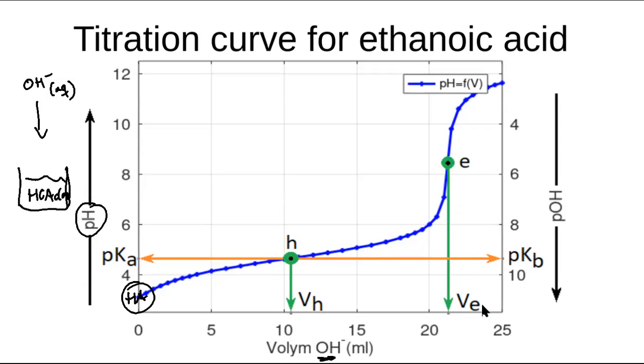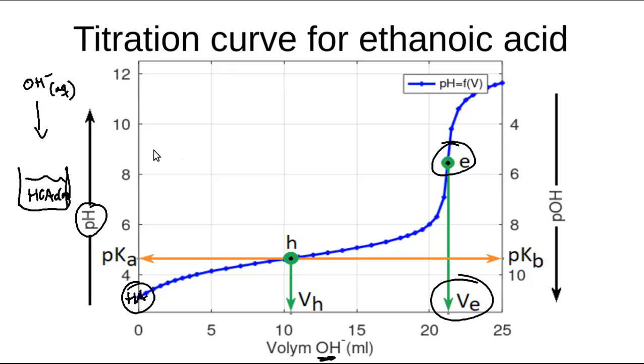And after a while, we come to the equilibrium point, or maybe this is the equilibrium point, where the pH of the solution increases very, very steeply and very fast.